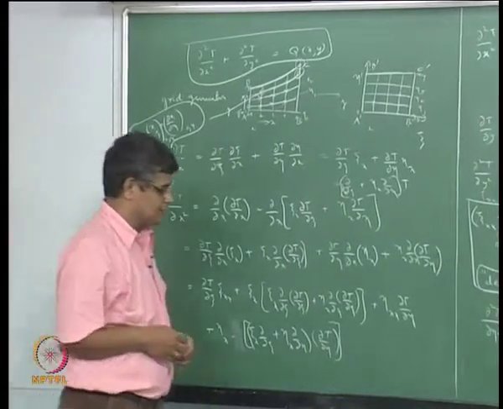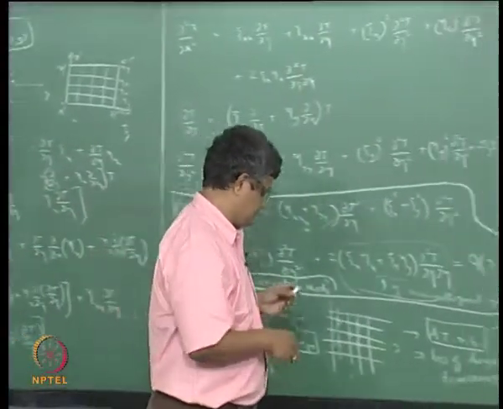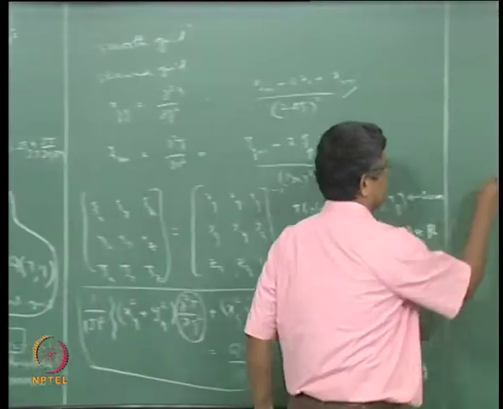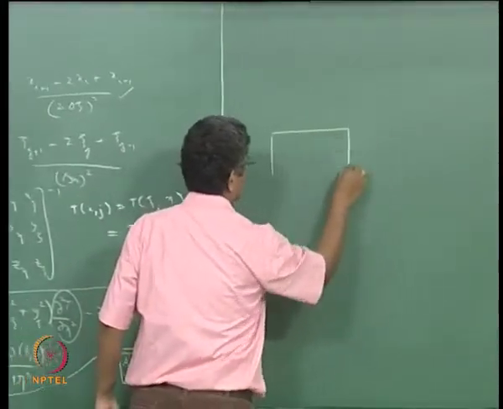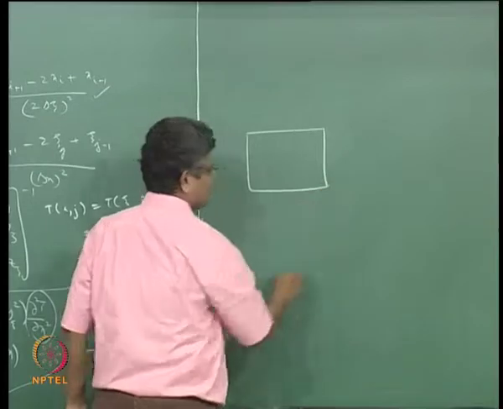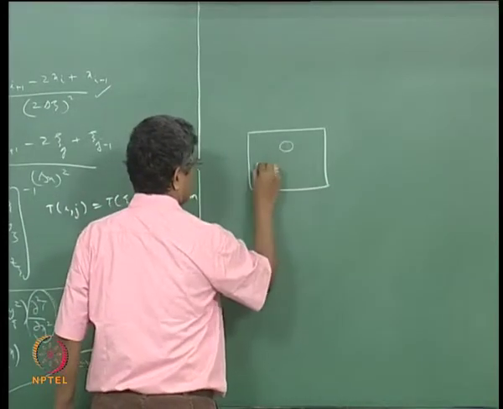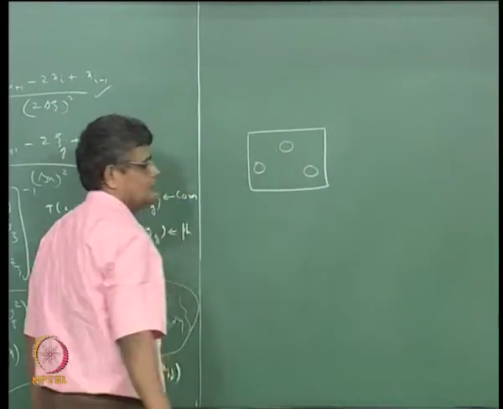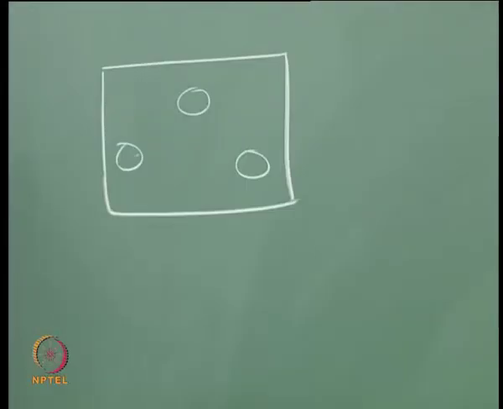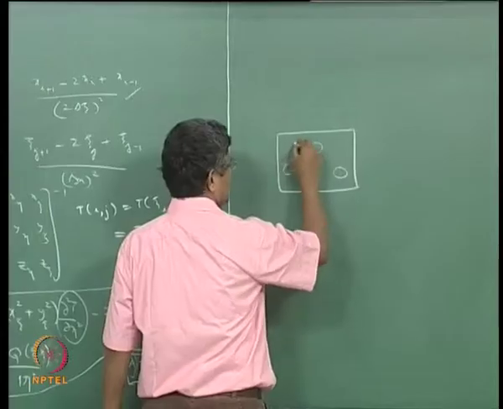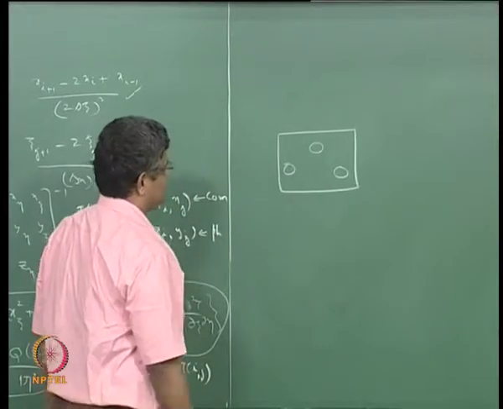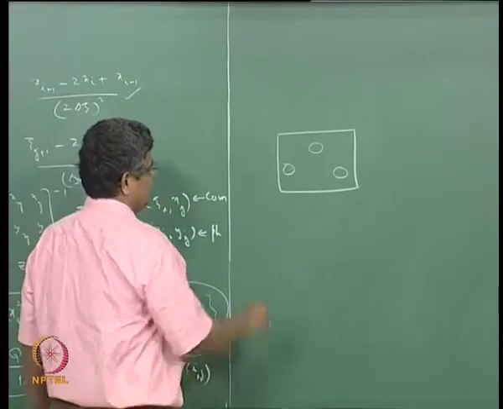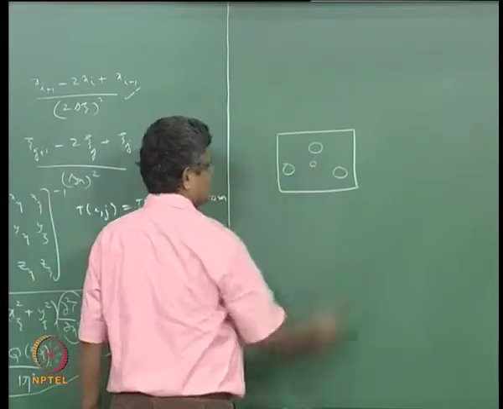For example, if you are considering a case where even a rectangular domain with 3 tubes, and you have flow going in the outer species, outer things like this, and if you have another thing which is smaller.